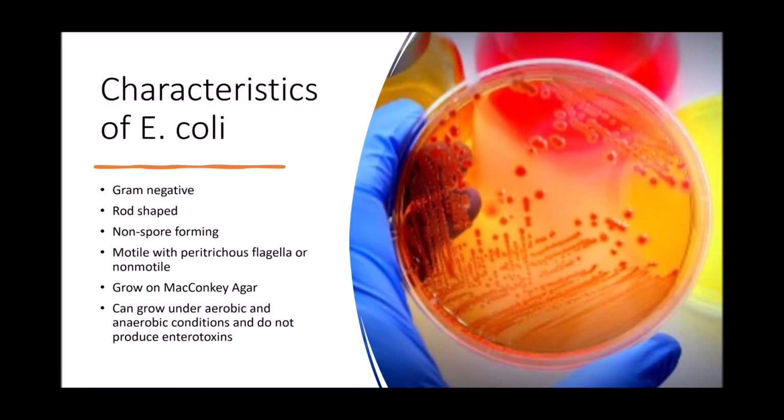Some characteristics of E. coli are that it is gram-negative, rod-shaped, non-spore-forming, motile with peritrichous flagella or non-motile, grows on MacConkey agar, and can grow under aerobic and anaerobic conditions, and E. coli does not produce enterotoxins.